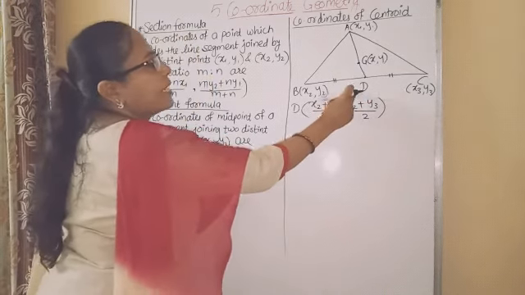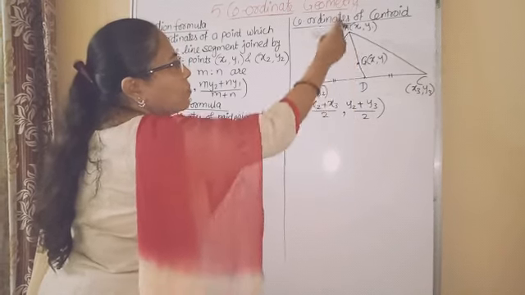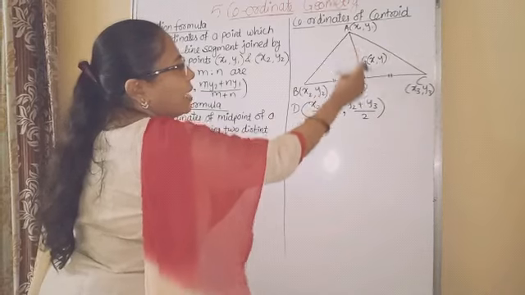So these are the coordinates of point D. Now we have to use the section formula for segment AD.